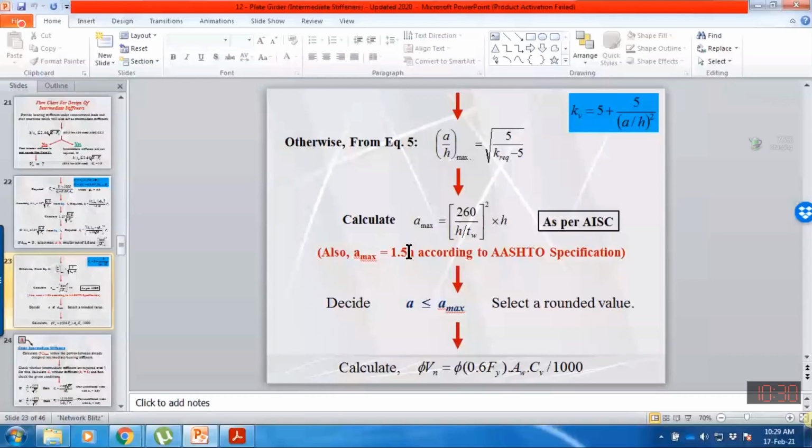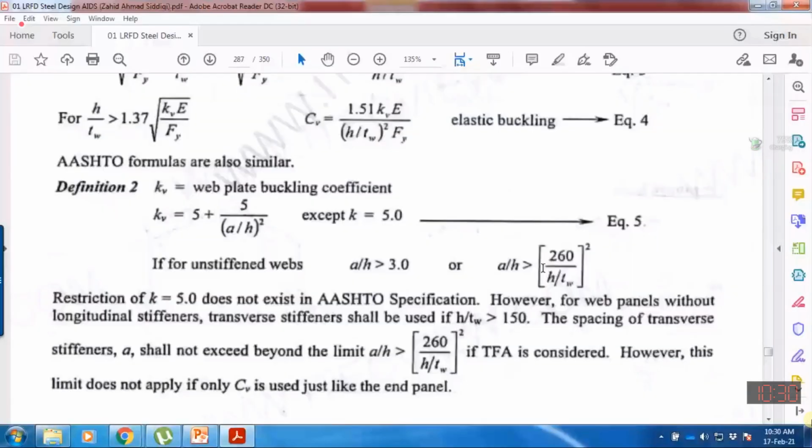So this equation is got from this expression. So this is the AISC condition. A over H should not be more than 3, but AASHTO says that it should be restricted to 1.5. So if the A value that you have computed from here is lesser than the least value from these two equations, then A will be fine.